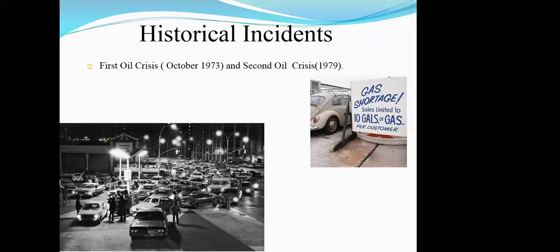The first oil crisis was in October 1973, and what happened was that the Organization of Arab Petroleum Exporting Countries, the countries which used to have more petroleum sources, proclaimed an oil embargo. An embargo is an official ban on trade or commercial activities. They proclaimed an oil embargo, which led to an increase in the oil price of about 400%.